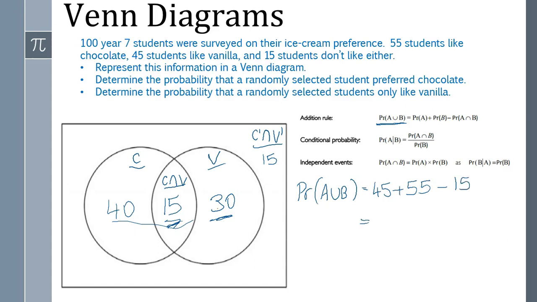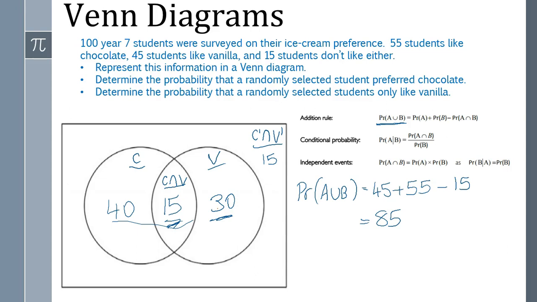So 45 plus 55 gives us 100, take 15, 85. So the probability of A or B is 85, right? And if you've got part of that information, so if you've got A or B and A and B, you can find A and B. You can find parts of those formulas.